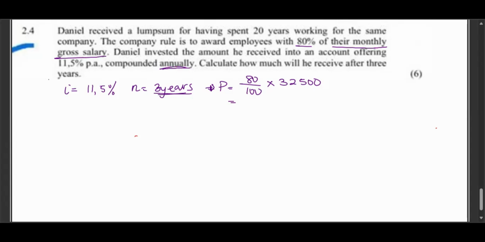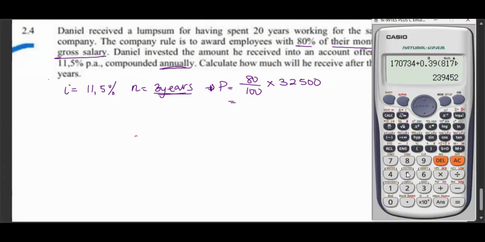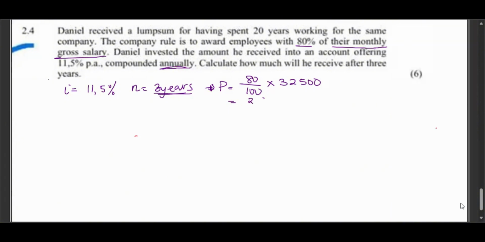So when you look for this 80% of 32,500, it's the same as 0.8 times 32,500. Wonderful. So the money we are going to look at is 26,000.